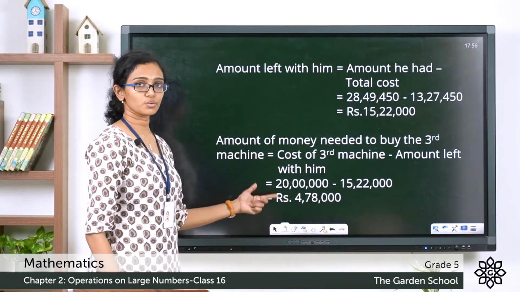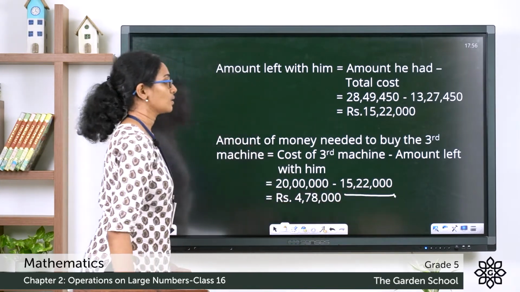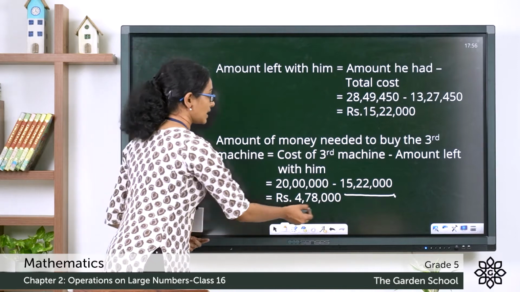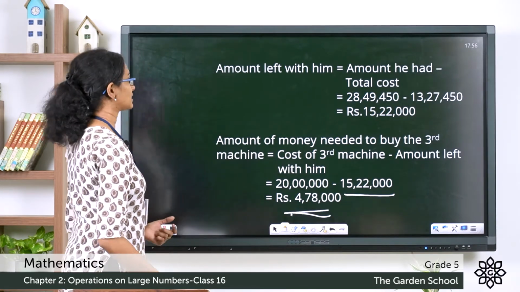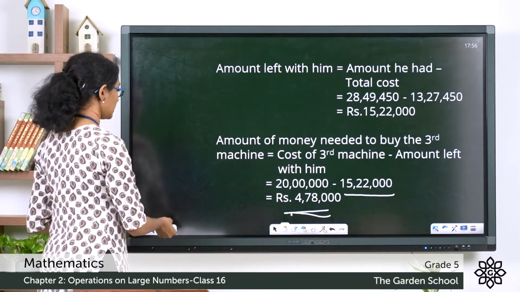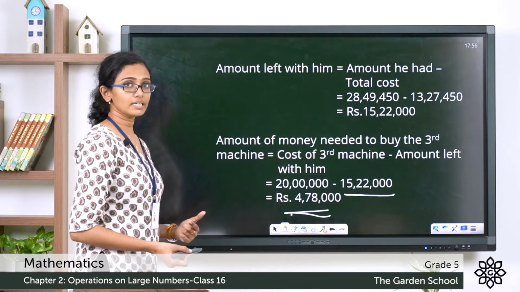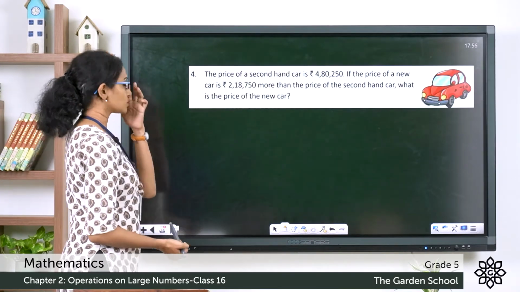That is equal to rupees 20 lakh minus 15,22,000, which is the amount left with him. So that gives us the difference of rupees 4,78,000. So that is the amount of more money that he needs to buy the third machine. So that was question 3.